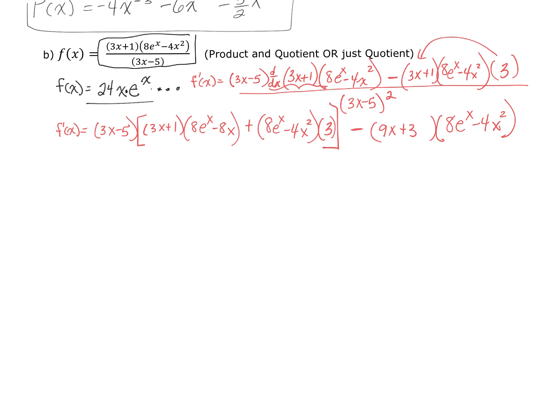So I still have to write this all over 3x minus 5 squared.